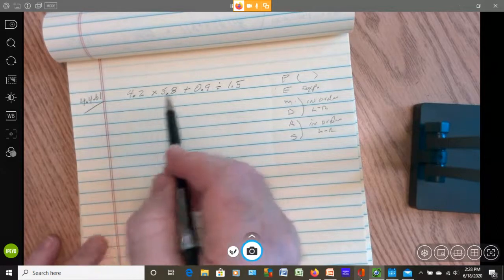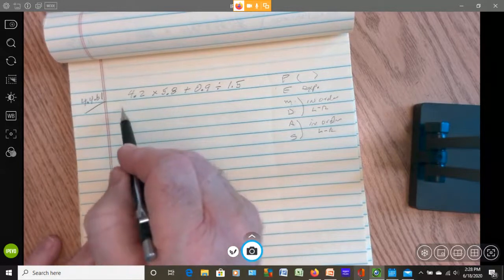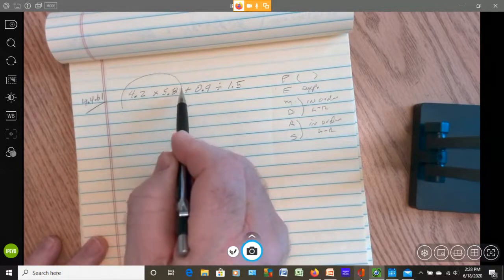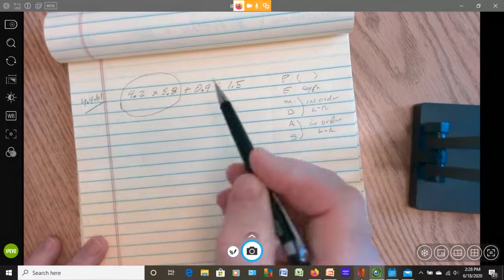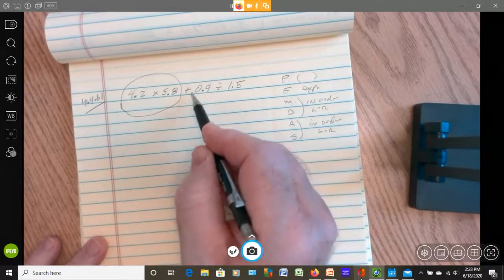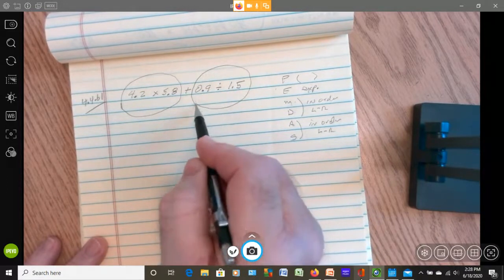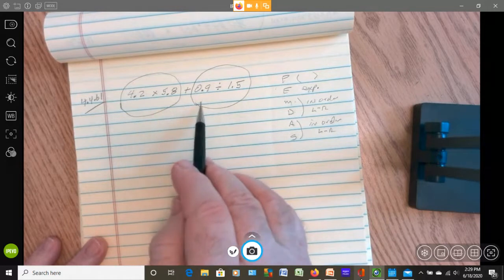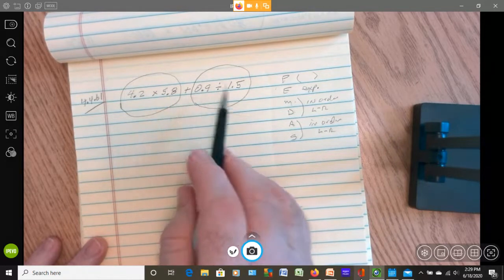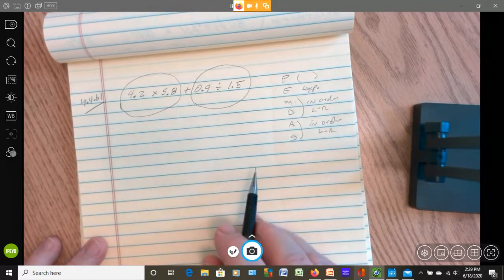So when you look at it from that perspective, what you should see is that I'm going to do some multiplication here, right? I'm going to do some division here, right? And then whatever I get from this, I will add those two together. You say, well, that looks confusing.